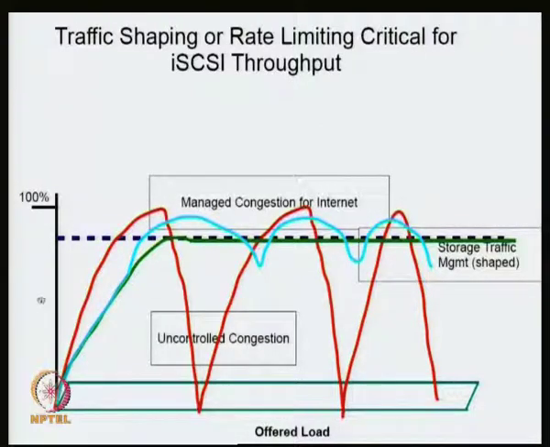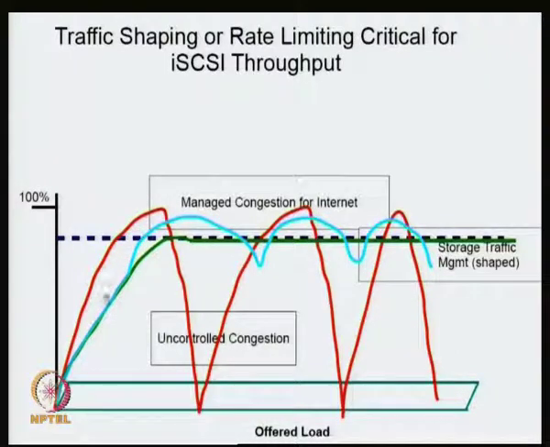Now, with this kind of model, if you integrate the area under this red curve, that is essentially the amount of bandwidth you get. Okay, you average it. Essentially, we are getting close to possibly half of the bandwidth available. Now, if you do some congestion avoidance, probably you are going to be in this blue category.